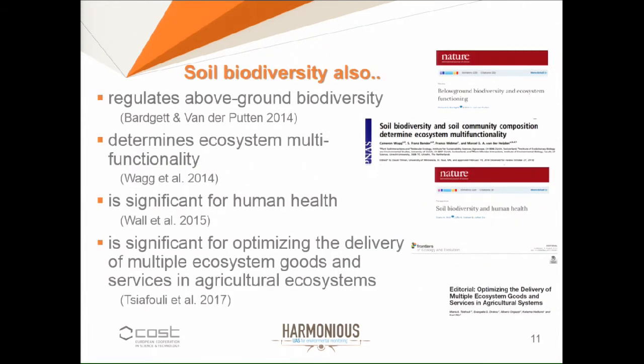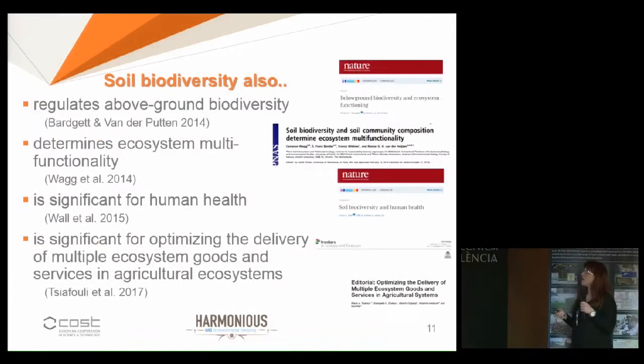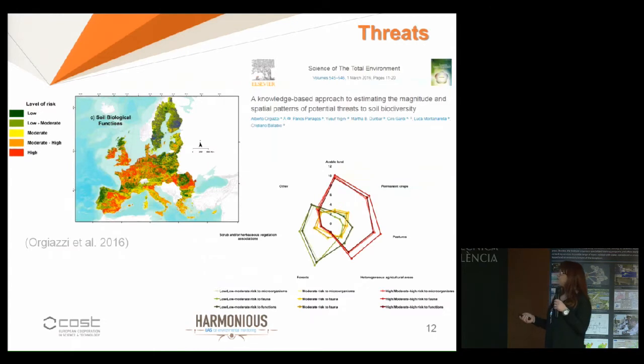So, soil biodiversity also has been shown to regulate above ground biodiversity, determine ecosystem multifunctionality, and it is also significant for human health, and is significant for optimizing the delivery of multiple ecosystem goods and services in agricultural ecosystems.